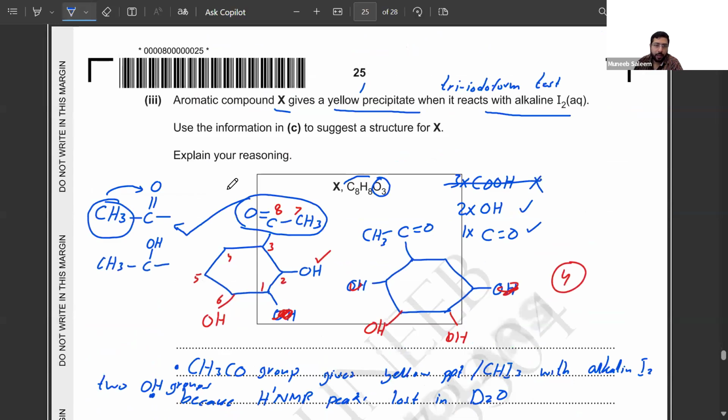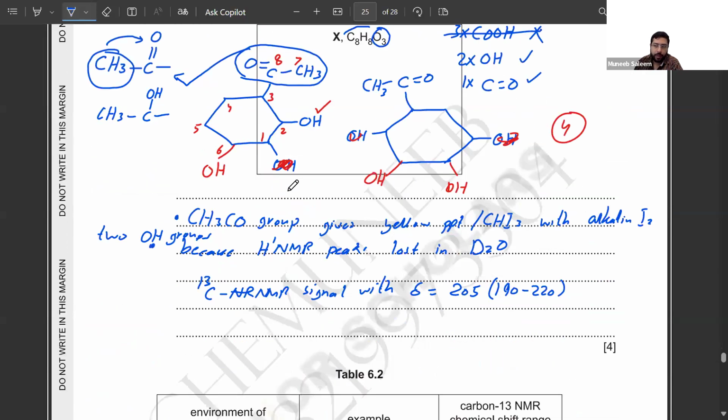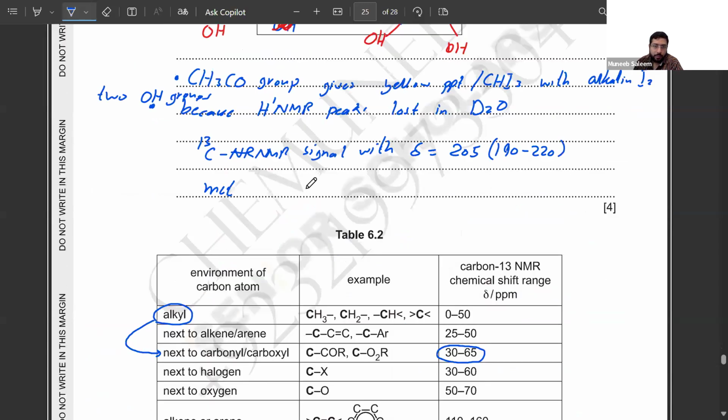So it also proves as the methyl group was there. So methyl next to carbonyl group, because why was it there? Because we had the carbon 13 NMR with the chemical shift value between 30 to 65 ppm.